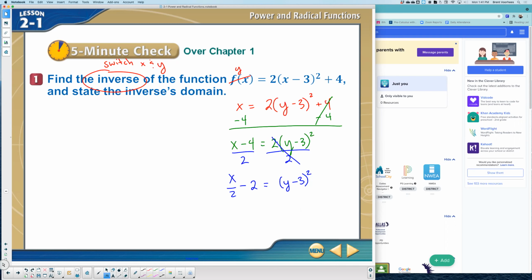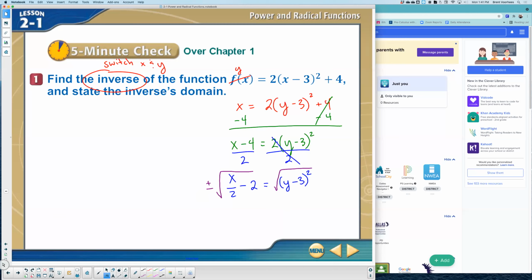Quantity meaning there's a group. What is the opposite of a square? Square root. So I'm going to add in a square root that was not originally there. Peyton, anytime you add a square root that's not originally there, what has to come with it?